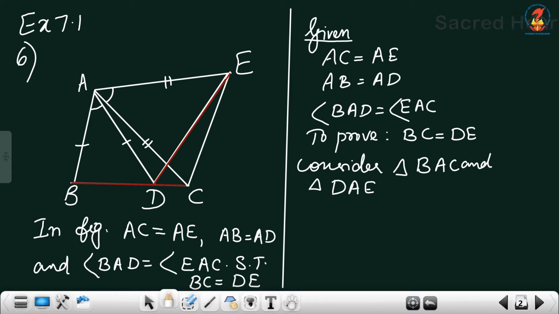In triangle BAC and EAD, AB is equal to AD is given. Then AC is equal to AE is also given.